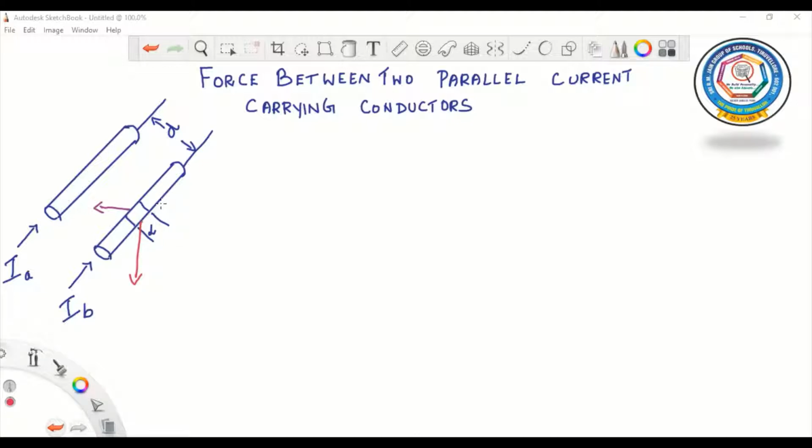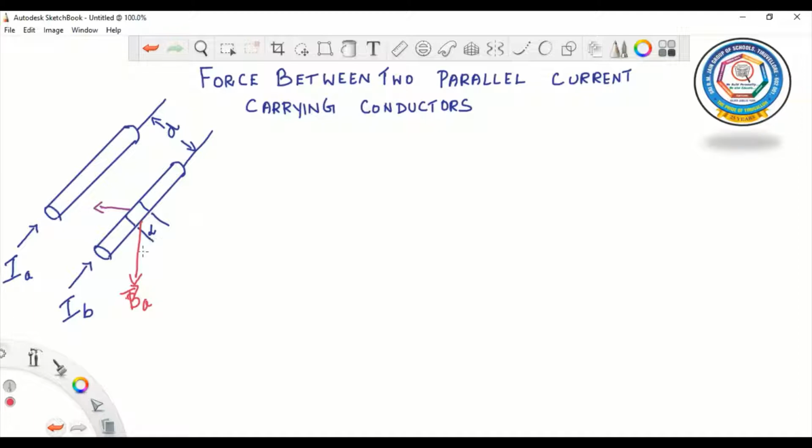Okay, this is very important, children. The conductor A produces the same magnetic field BA at all points along the conductor B. We are going to recall one very important rule here, the right hand rule, which gives the direction of this magnetic field.